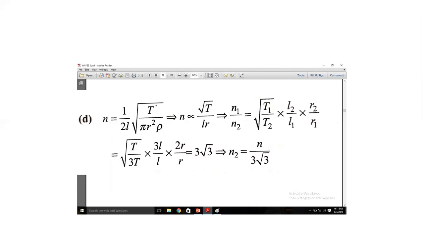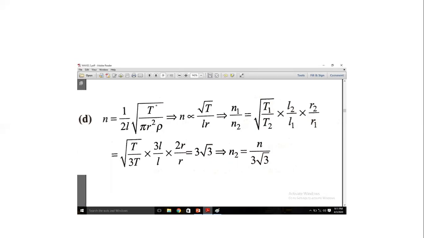That's why it will be 1 by 2L root of T by m. m is mass per unit length, which I have converted in terms of the density and the volume. So the corrected equation will be 1 by 2L square root of T divided by pi r square rho. It means here N is proportional to root T divided by L into r.